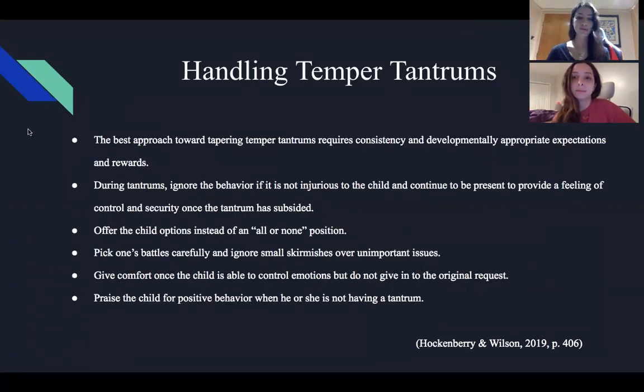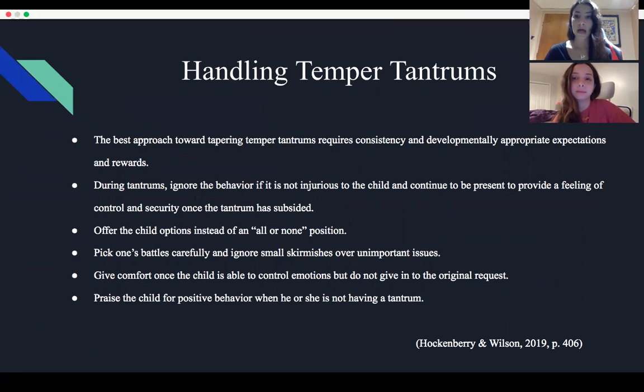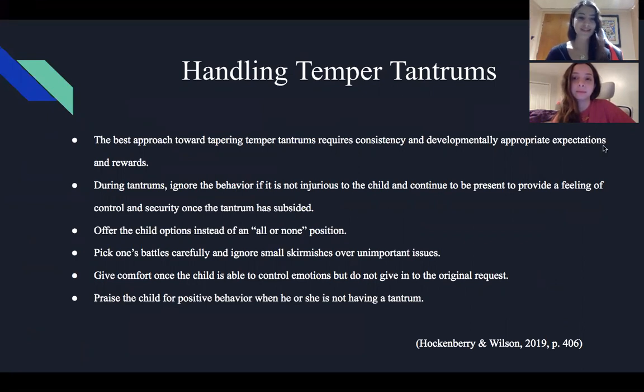The best approach toward tapering temper tantrums requires consistency and developmentally appropriate expectations and rewards. During tantrums, ignore the behavior if it is not injurious to the child and continue to be present to provide a feeling of control and security once the tantrum has subsided.